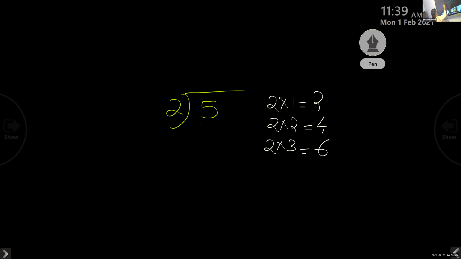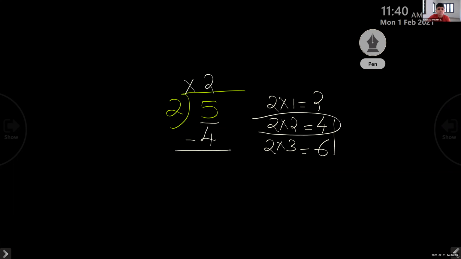So I'm going to divide 5. Where is 5? It is in between 4 and 6. So what can we take here? 4. 2 twos are 4. So what's the remainder? 1.